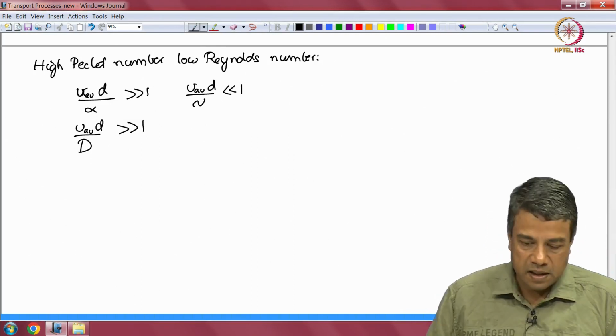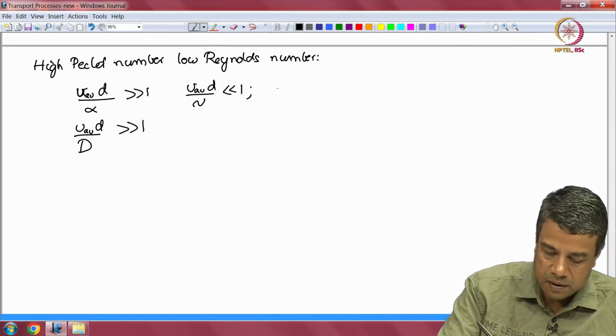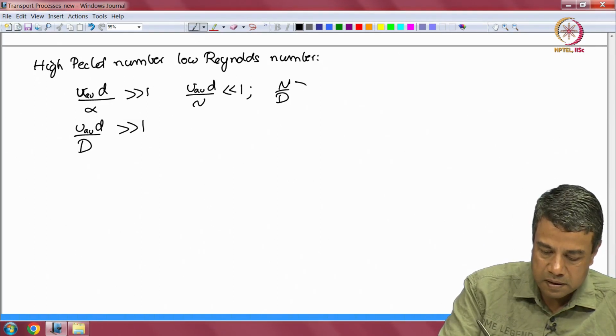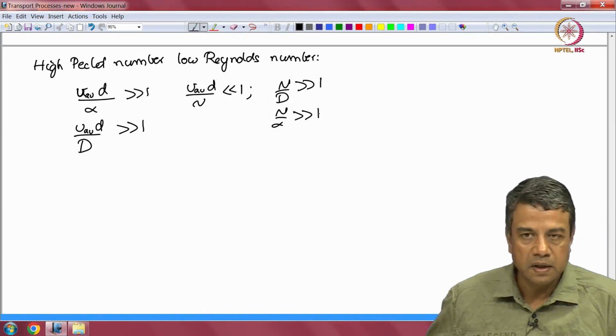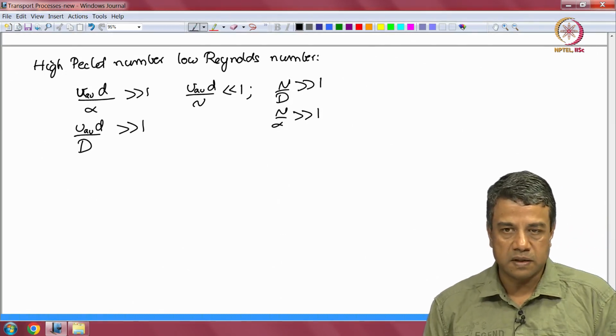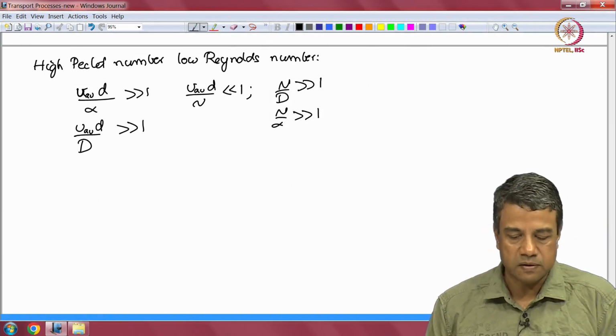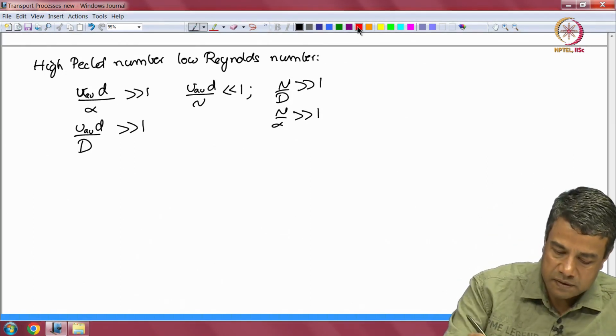This can happen only if nu by D is large, or nu by alpha is large. The momentum diffusion coefficient is much larger than the mass diffusion coefficient or the thermal diffusion coefficient. Only in that case will you have this particular regime.